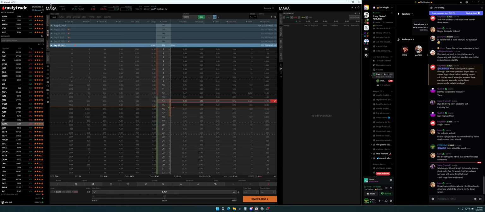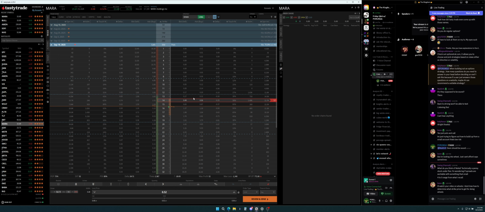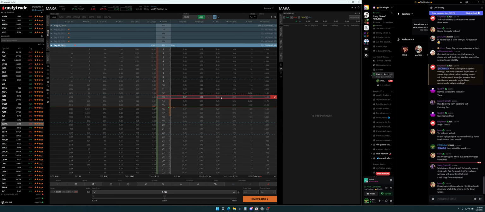So if we look at Marathon as an example here, you can get 2% on your capital around 13. So you could even go for a 16 Delta, even safer out of the money, to sell a cash secured put on. You're getting over 2%. So like 2.5%, something like that. Not quite 2.5, but you know what I'm saying.